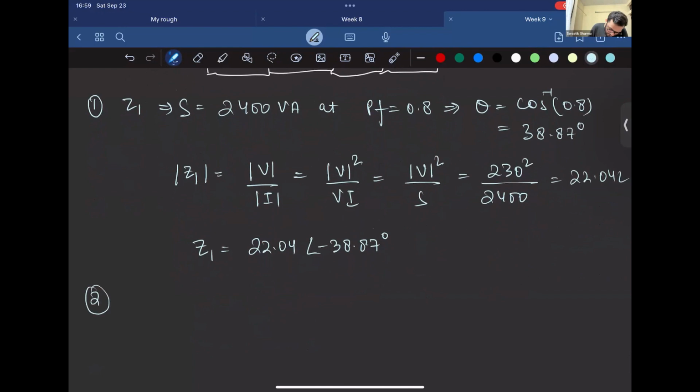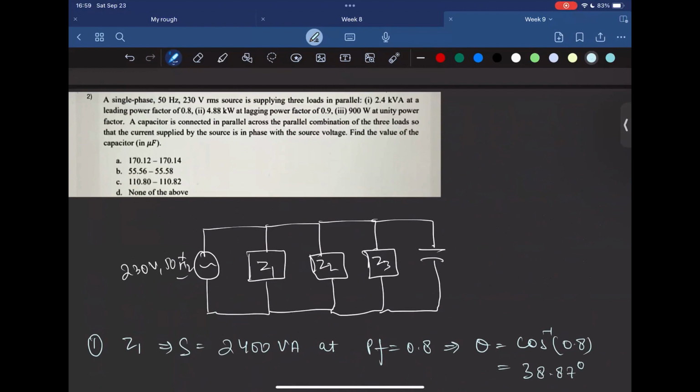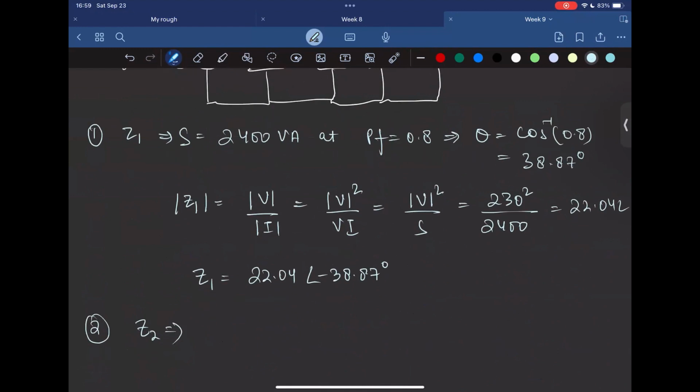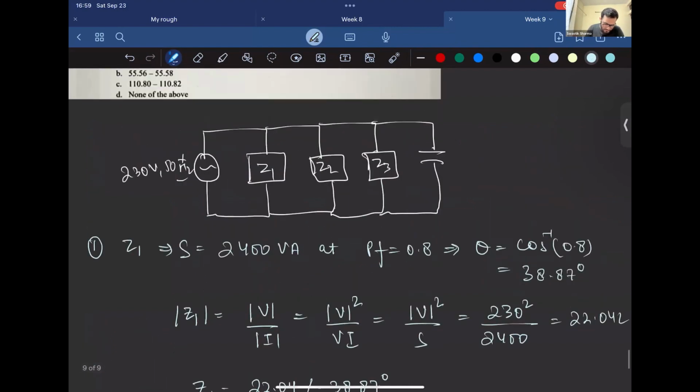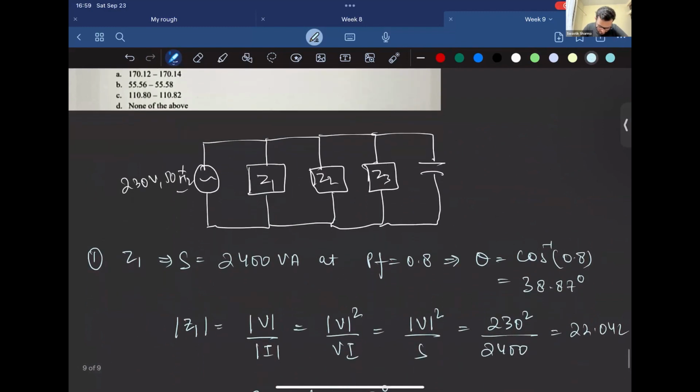Similarly, can you tell me what would be the value of Z2? You said that true power P is equal to I square R, reactive power is equal to I square X, and apparent power is equal to I square Z. Yes, you can say that.